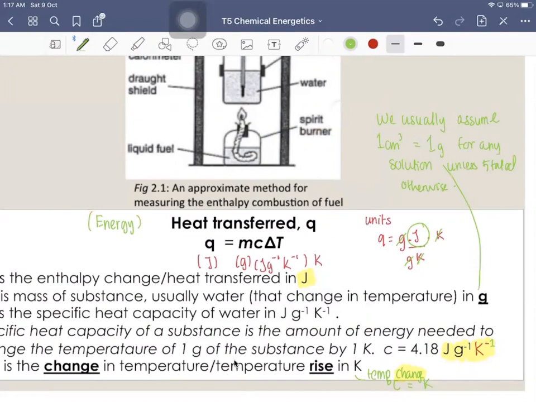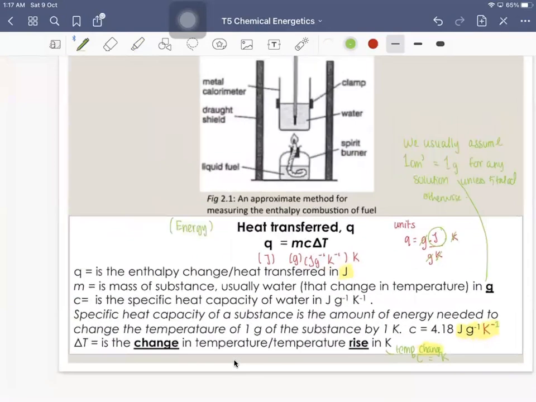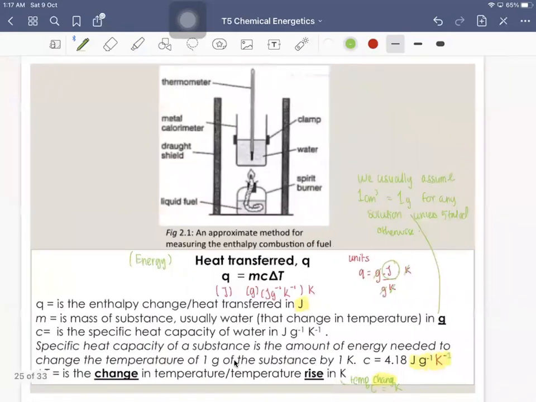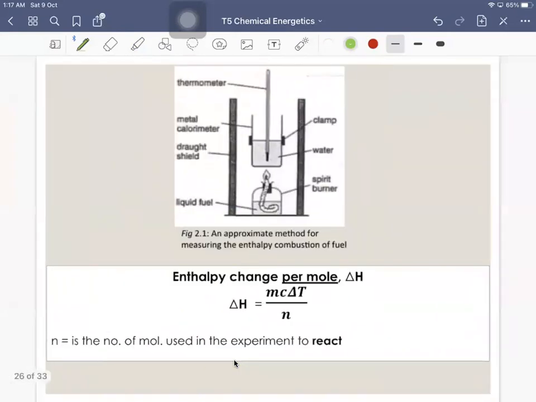Okay, let me just check if there's anything that I want to add on here. That should be everything. Next is delta H. Now, delta H is related to Q, small q, the heat, the energy transferred or the heat transferred.